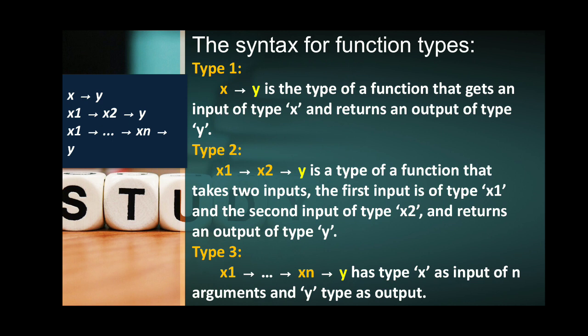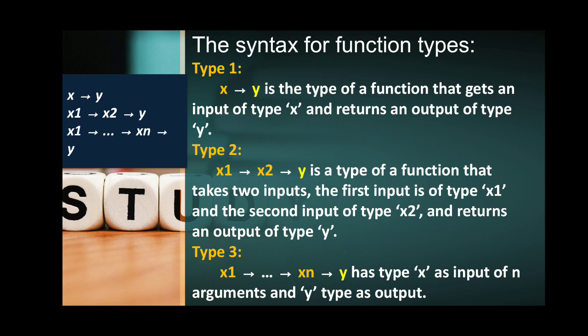If the function takes one input of data type X, it will give the result in data type Y. X is not an input variable, and Y is not an output variable. X denotes the type of the input variable, Y denotes the type of the output variable.